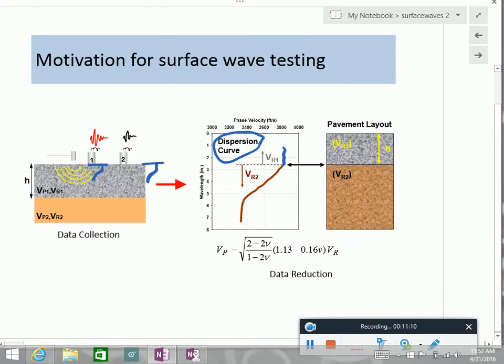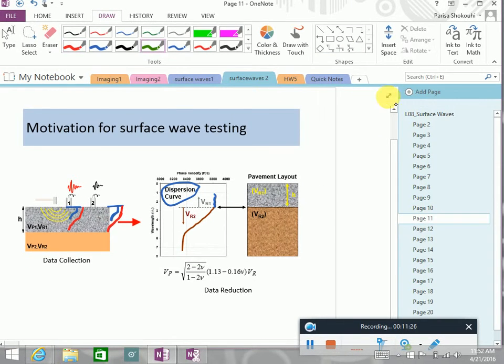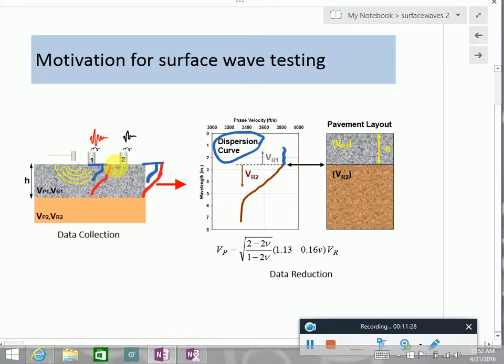So now, if we focus on a little bit larger wavelengths or lower frequencies, they start leaking into the second layer, right? If it is very, very low, the lower frequencies really go into the lower layer.